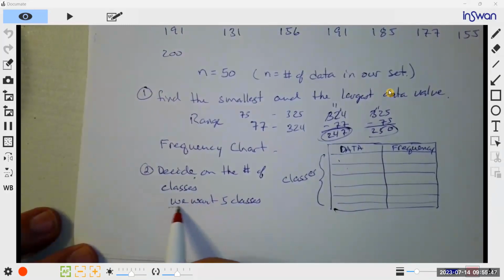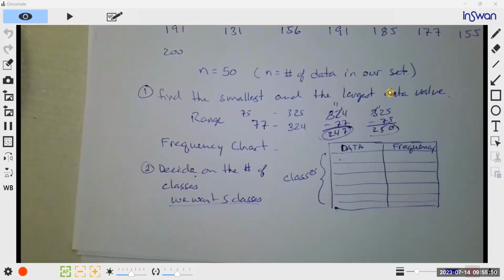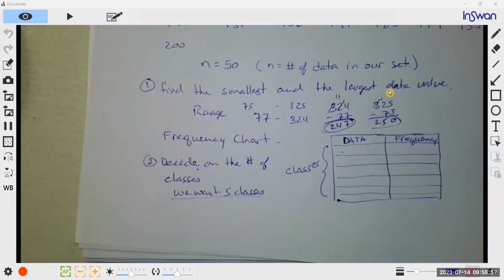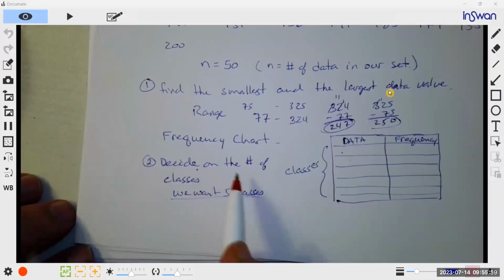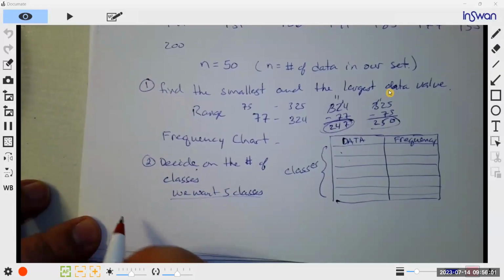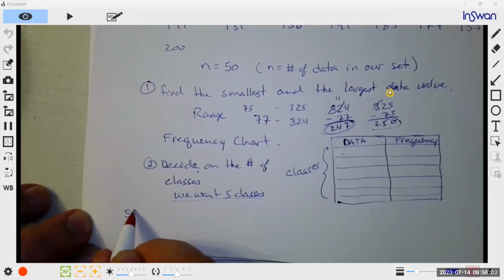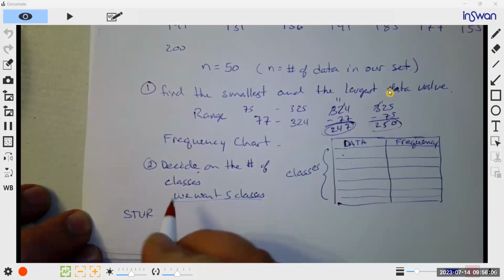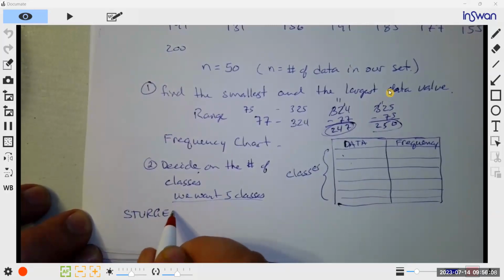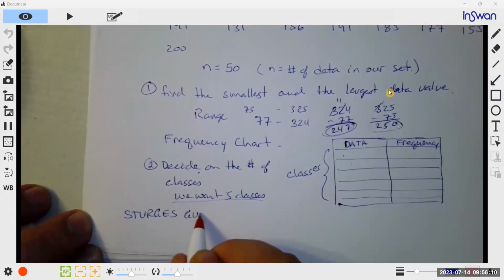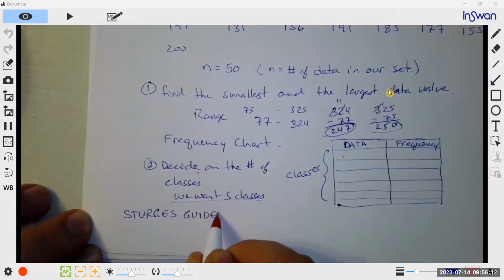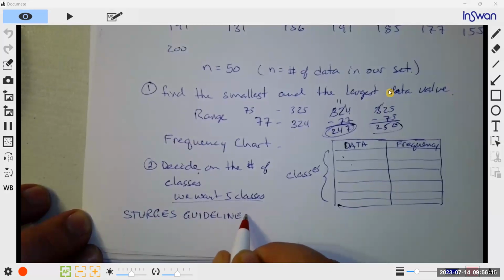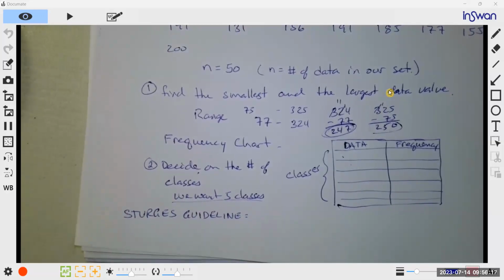Now, this is the human aspect of it, but there is a mathematical process that you can use if you don't want to take the time to think about this. It's called the Sturges guideline for determining the number of classes you're going to have.